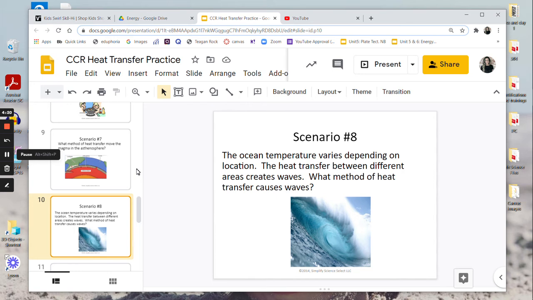That is because the deep part of the ocean is going to be very, very cold, very dense, while the top surface of the ocean is going to be warmer, and then it is going to continuously replace itself. The water is warmer near the equator, and it is cooler near the poles, and that warm equator water is going to rise to the poles, and then the cool water from the poles is going to sink in and replace it at the equator. So again, scenario number 8 would be convection.